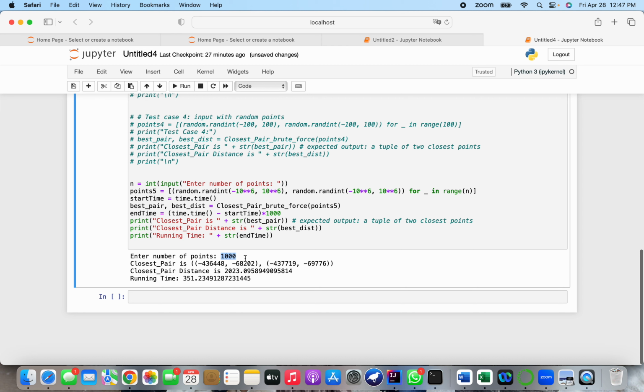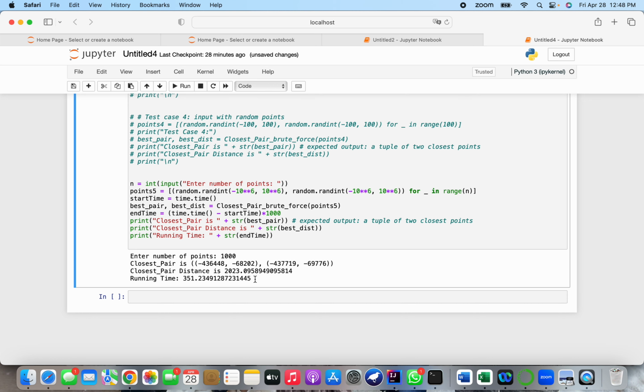If you see here, for 10 power 3, the running time is 351.23 milliseconds, and if I give 10 power 4, it will be around maybe 35,000 milliseconds, or 3051 some milliseconds.